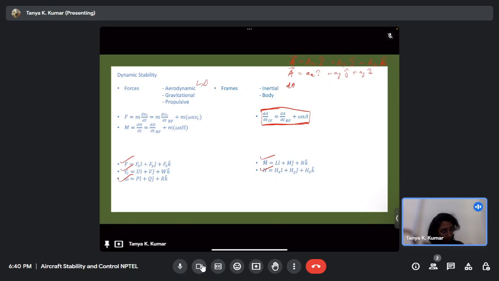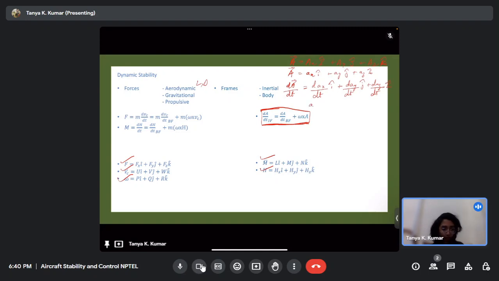So dA by dt is dAx by dt I cap plus dAy by dt J cap plus dAz by dt K cap.